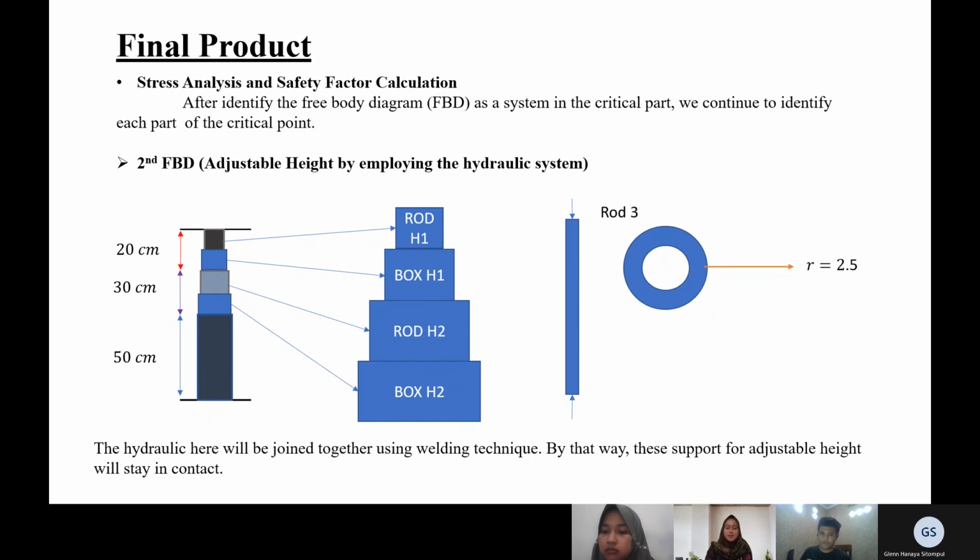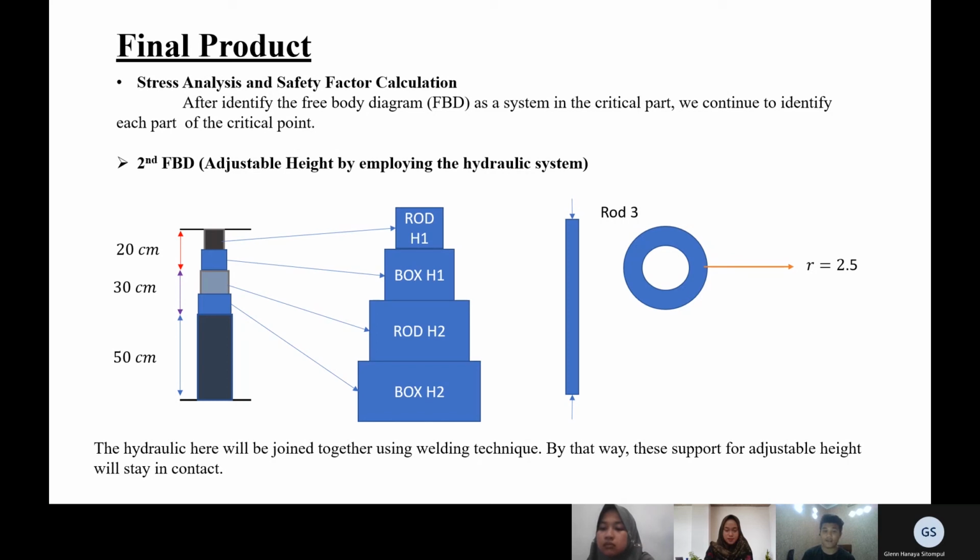As the support for the middle part of the chair, we have the gas hydraulic stack. This hydraulic stack gives the force for the chair to move up and to fold itself to lower down the height. Here we have hydraulic 1 and hydraulic 2.